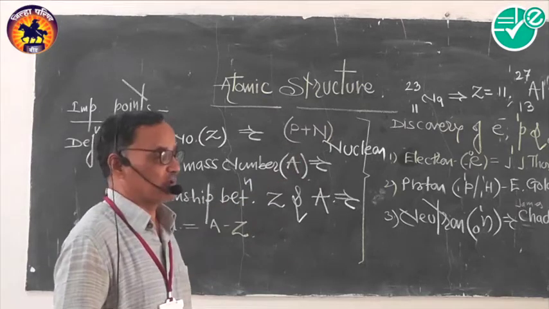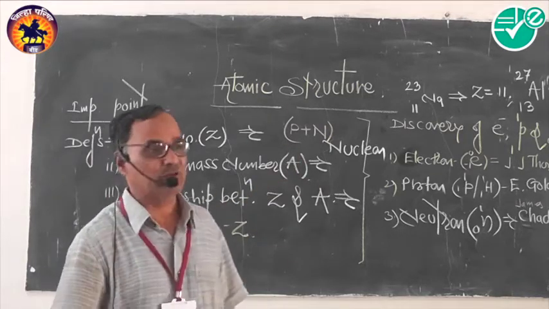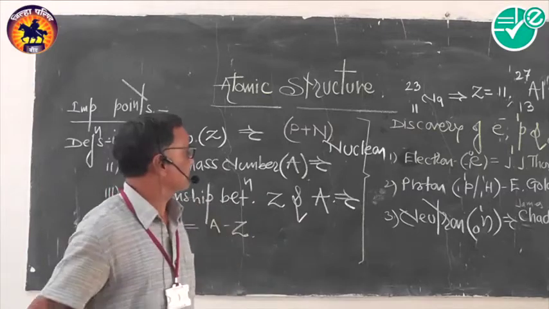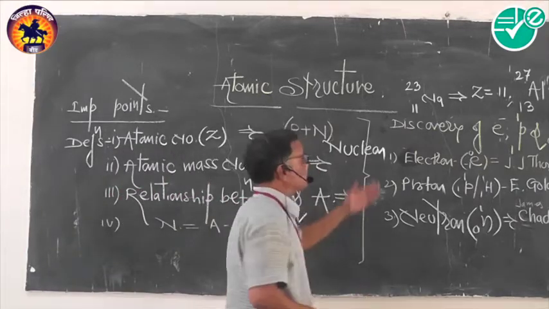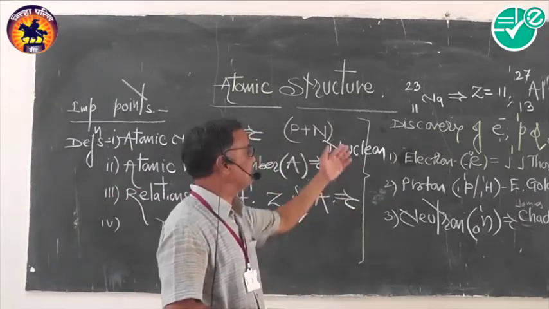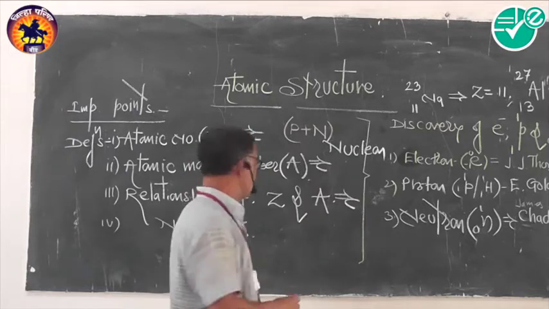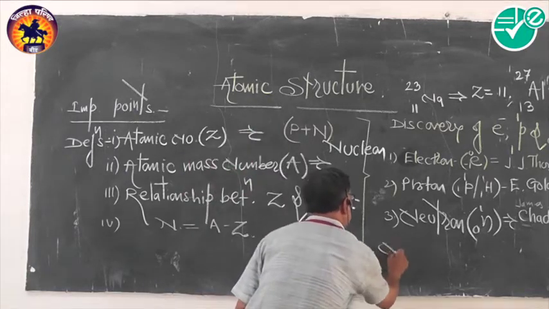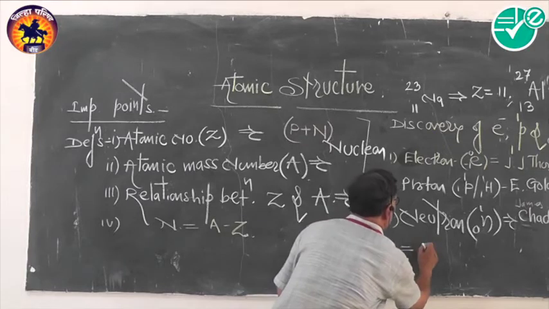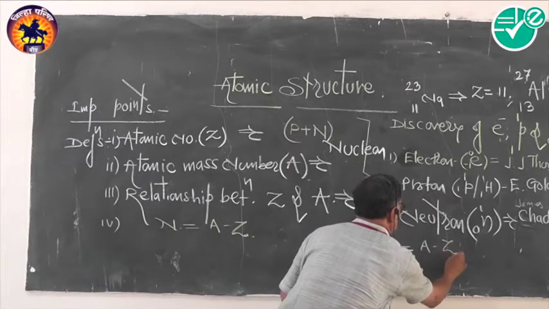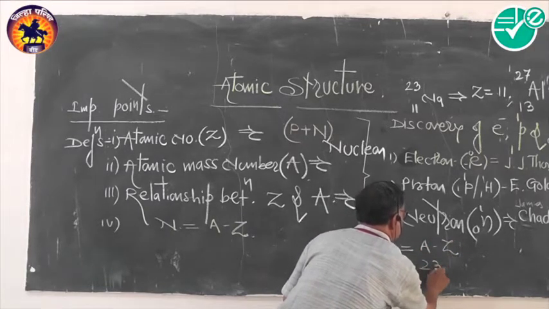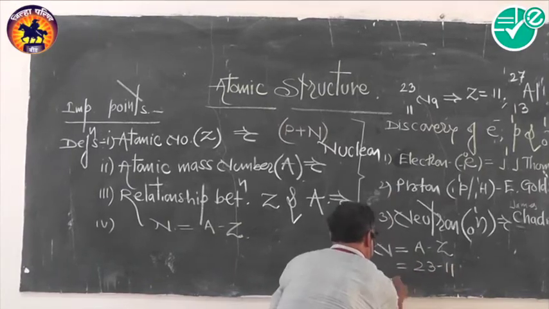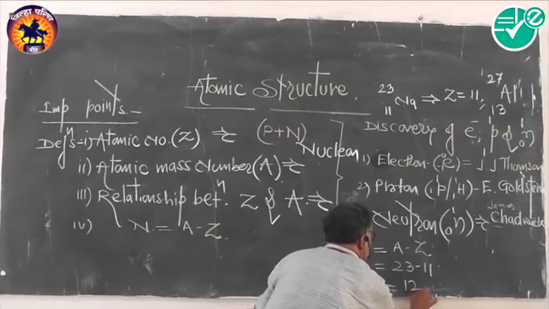In the case of sodium, we know that the atomic mass number of sodium is 23 and the atomic number of sodium is 11. So using this formula, the number of neutrons is equal to A minus Z. It means 23 minus 11, N is equal to 12.